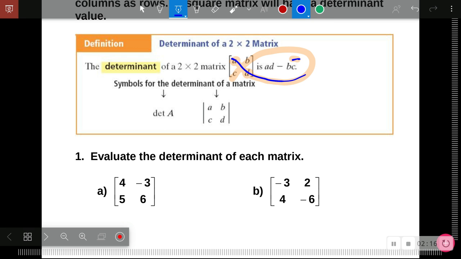So this is often called the fish number. Now, you have to do it in the right direction. If you go backwards and start on the wrong diagonal, it would look like this, BC minus AD, but that isn't the right one. It's AD minus BC, and you get this fish shape here.